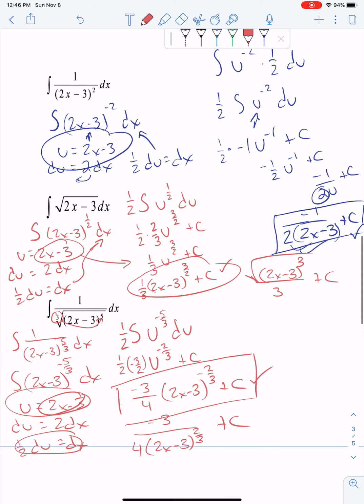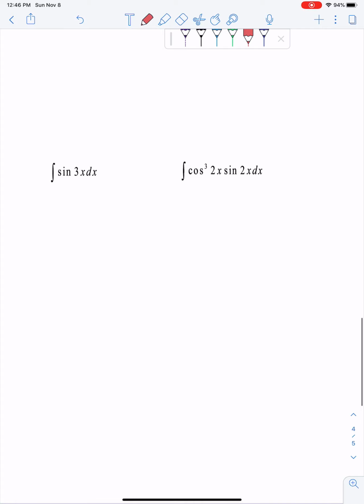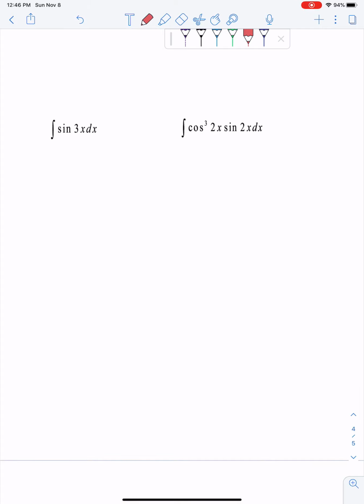Okay. All right, let's do some more. Let's get into some trig functions. Sine of 3x. So this is really the sine of 3x dx. So looking at that, 3x is what I'm going to set my u equal to, because I don't want to deal with trying to undo that chain rule.